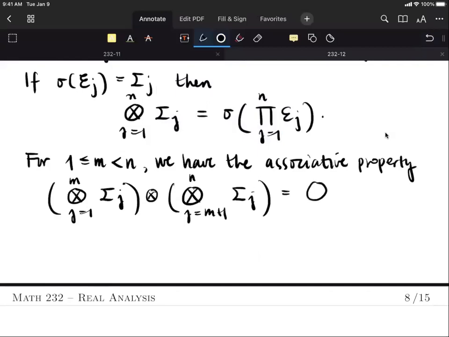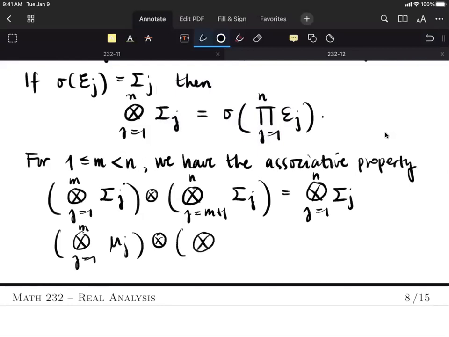This is the same as the product sigma algebra of the whole collection of sets. And this is also valid in the case of measures. You can prove this by induction, since we already know this in the case of 3 sets.